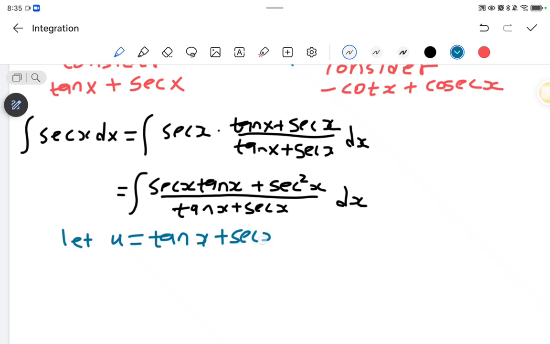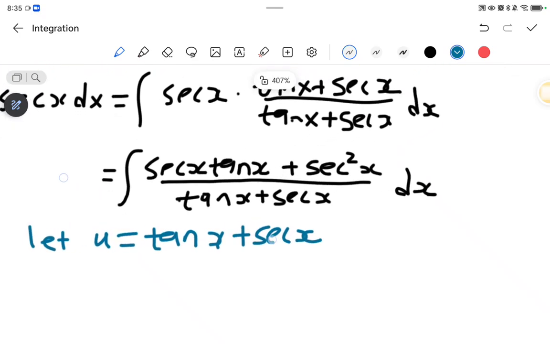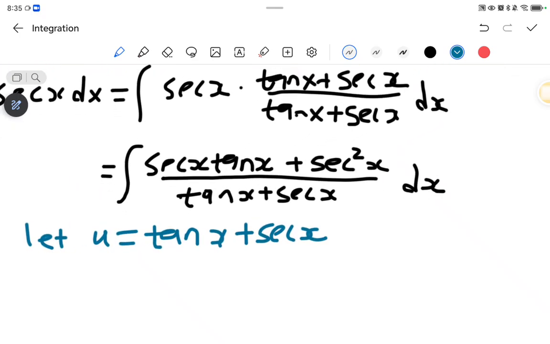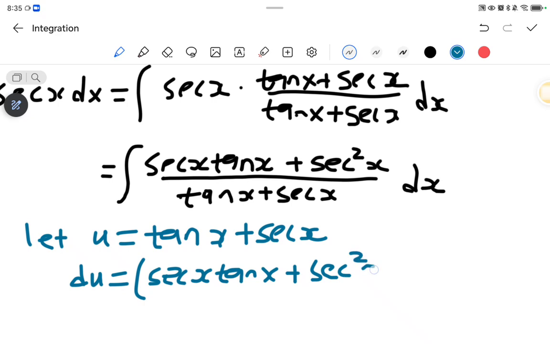So u is tan x plus sec x. Every time you differentiate this denominator, guys, as long as you're integrating sec x or cosec x, you're always going to get the numerator. So the derivative of this will be, I just write the numerator, because I know the derivative of tan x is sec squared x, and the derivative of sec x is sec x tan x.